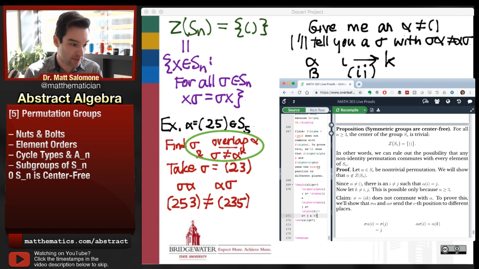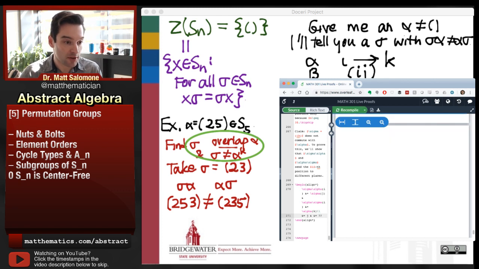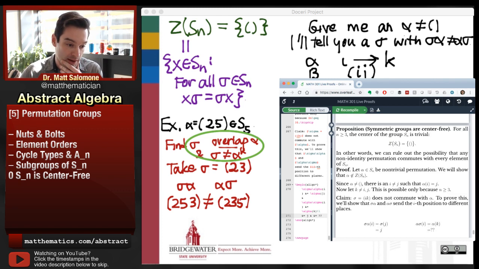Actually, I think I might have run into a little snag here. We may have a little more to iron out than I'm giving this piece credit for. How do we know that this is not equal to j? Is it possible that alpha could send j to position k?